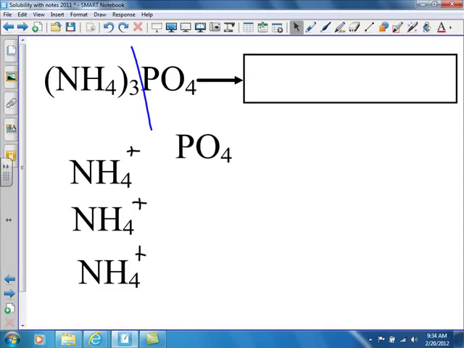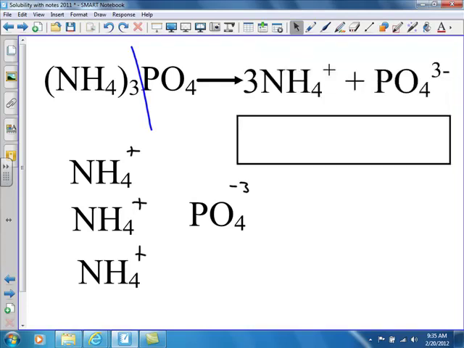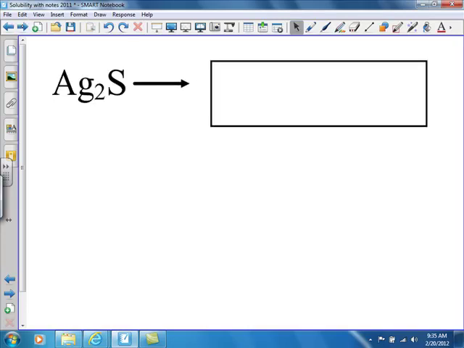And then I'm going to get 1 phosphate, which was a minus 3 charge. So how would I write that as an ionic equation? And hopefully that's what you're writing. 3NH4 plus PO4 3 minus. Okay? So hopefully you're getting an idea of how to write these ionic equations.